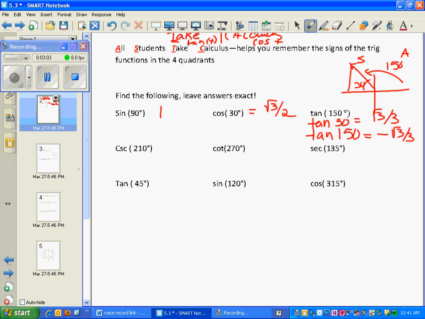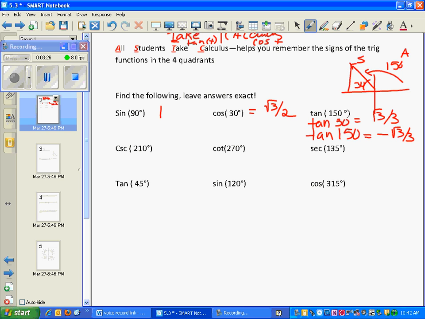No. All students. The only thing in the second quadrant that's positive is the sine. Every other trig function is negative, has a negative value. Tangent of 30 is square root of 3 over 3. So the tangent of 150 is negative square root of 3 over 3.